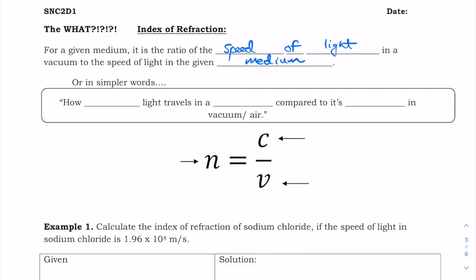Another way to think of this is we're comparing how fast light travels in a medium, such as water or air, compared to its speed in a vacuum or air, because they're pretty much the same.